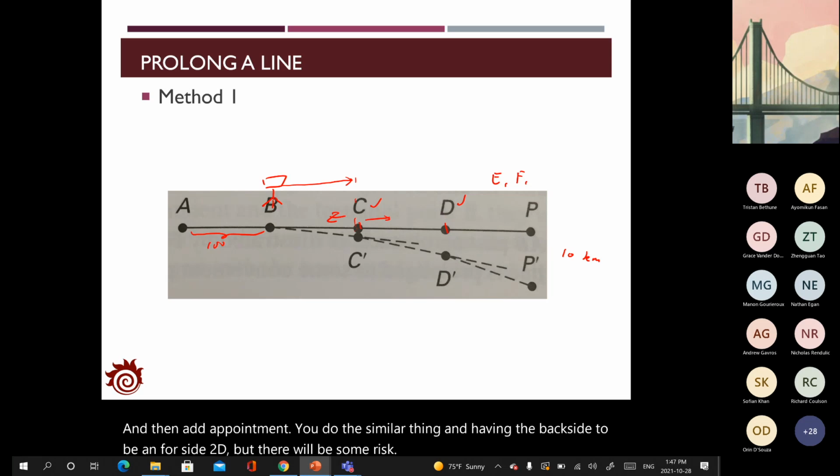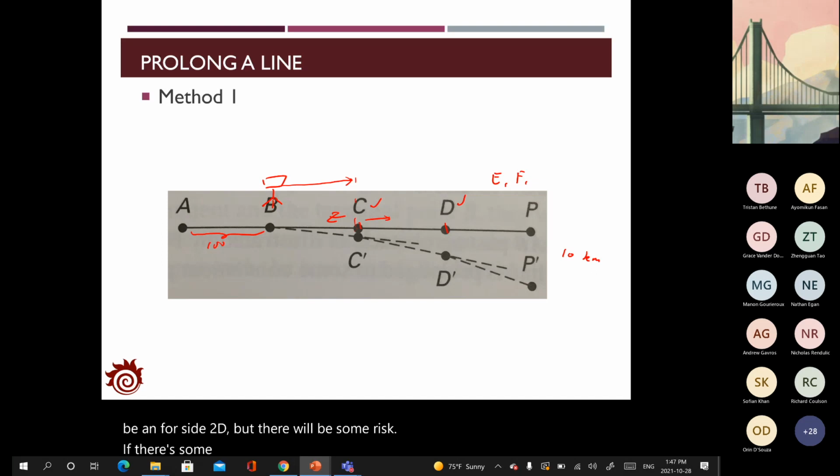If there is some error in the instrument, the angle that is set is supposed to be 180 degrees from A to B to C. It's supposed to be in a straight line.